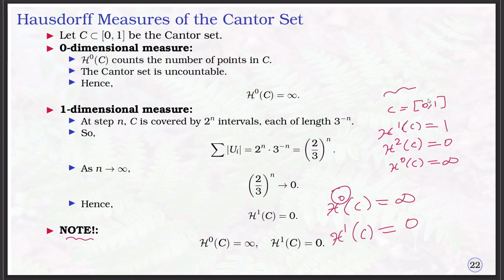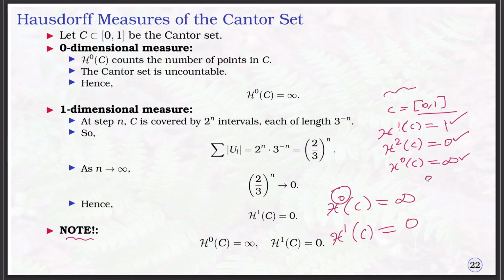which we discussed in the previous lecture. This is the line segment. For the line segment, length is the suitable measure, whereas the number of points is infinity and the area is 0. So here you can observe that for 1 we are getting 1, for 2 we are getting 0, and for 0 we are getting infinity.